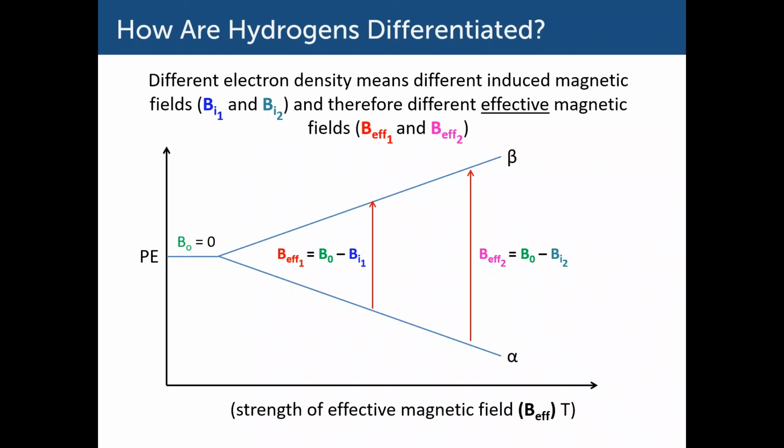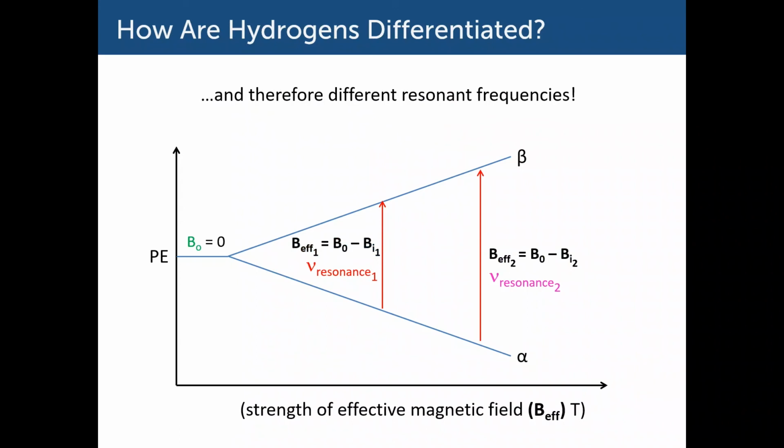And if we've got less shielding, maybe less electron density from B sub I sub 2, for instance, then we're further to the right on the x-axis, and our B effective is going to be a larger number. So we can see that depending on where we are on the x-axis, what our B effective is, we actually have two different resonance frequencies, right? The difference in energy between the alpha and beta state is going to be driving what this frequency is.